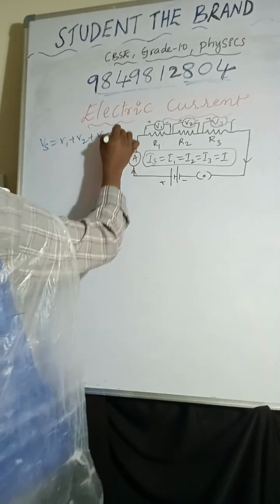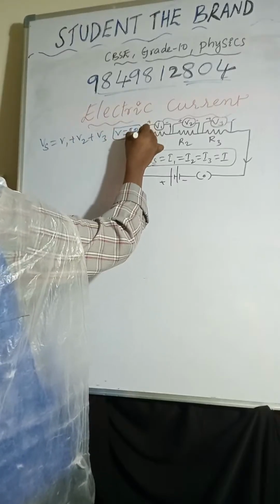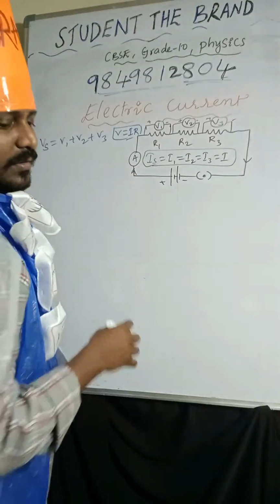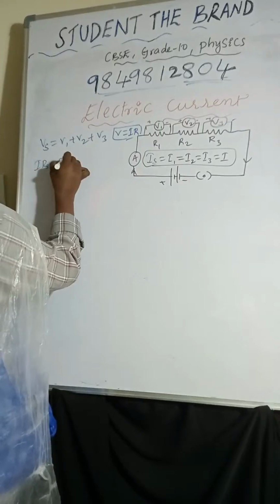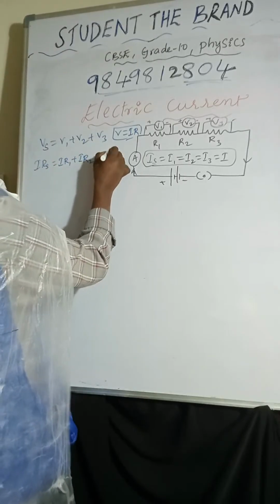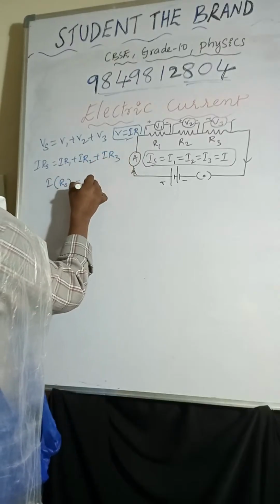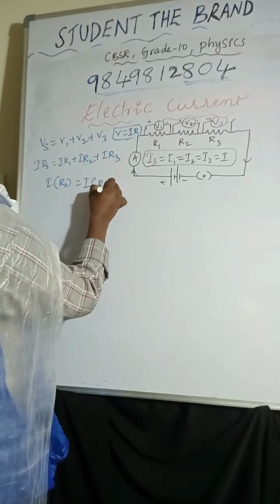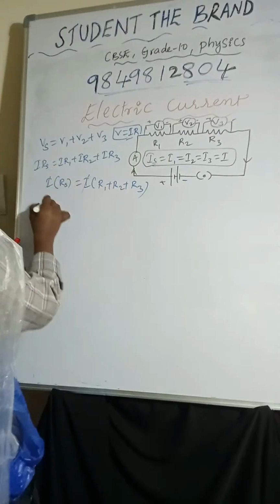From Ohm's law, V equals IR. Now you can substitute: I Rs equals I R1 plus I R2 plus I R3. Now I am taking I common, so I gets cancelled.